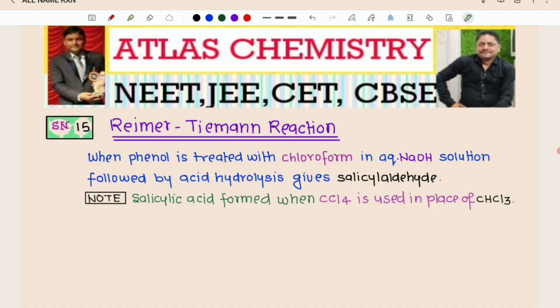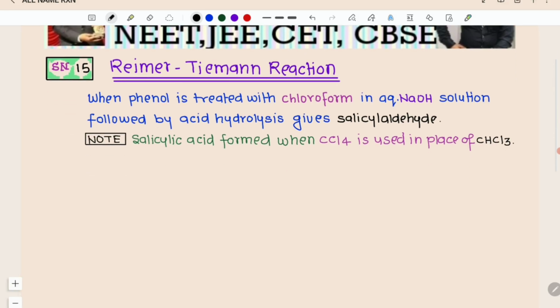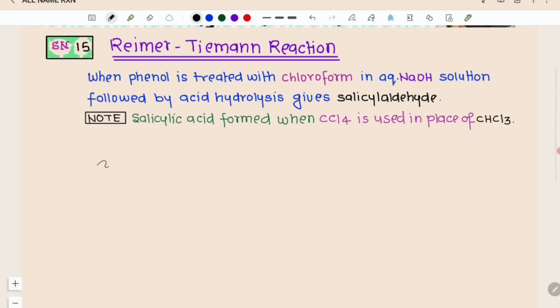If we use carbon tetrachloride in place of chloroform, we get salicylic acid in place of salicylaldehyde. Now see how the reaction takes place. So first we need phenol.